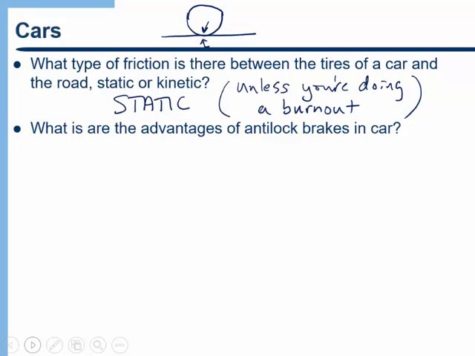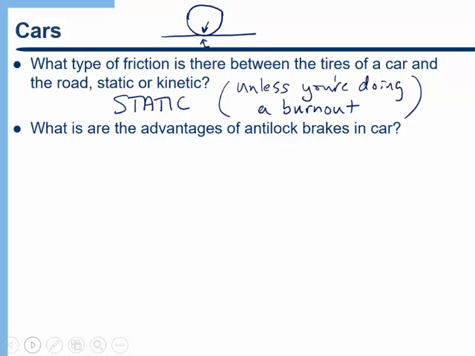The way that works is that each wheel is monitored for slipping, and if a wheel begins to lock up, your computer takes over and lessens the pressure going to those brake pads. So with a car that has anti-lock brakes, your tires never go into kinetic friction with the road. They never start sliding. It always stays static.